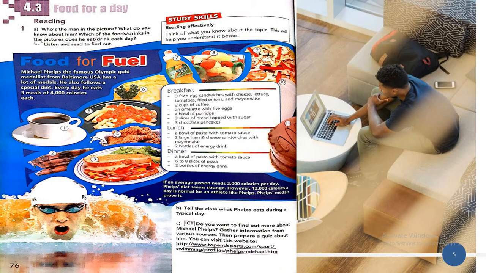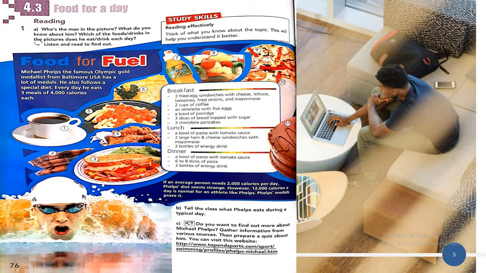For lunch, a bowl of pasta with tomato sauce, 2 large ham and cheese sandwiches with mayonnaise, 2 bottles of energy drink. For dinner, a bowl of pasta with tomato sauce, 6 to 8 slices of pizza, and 2 bottles of energy drink.